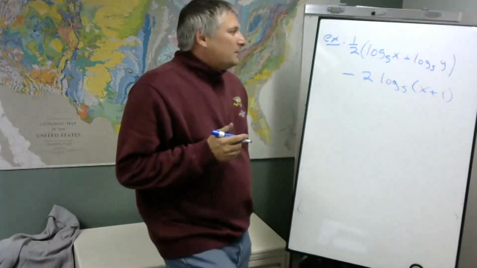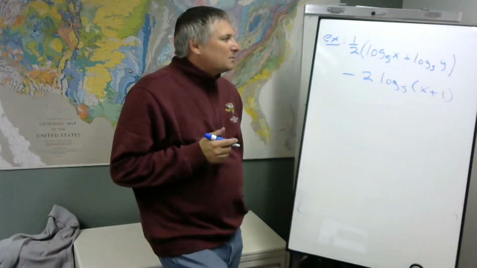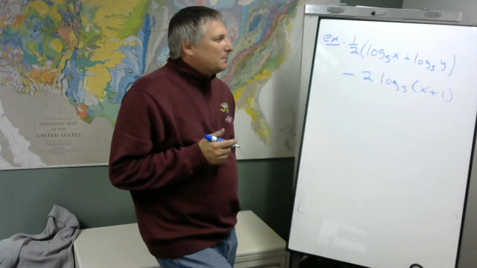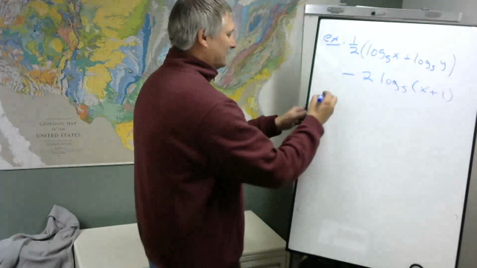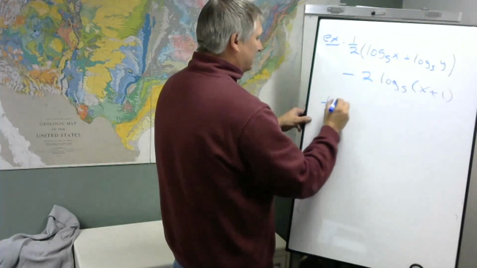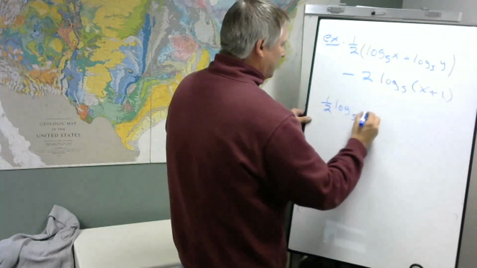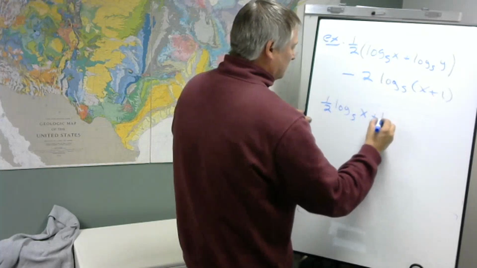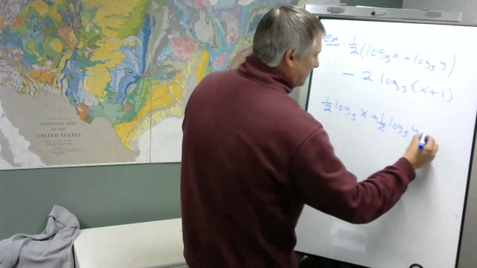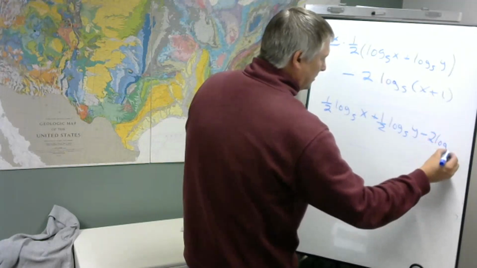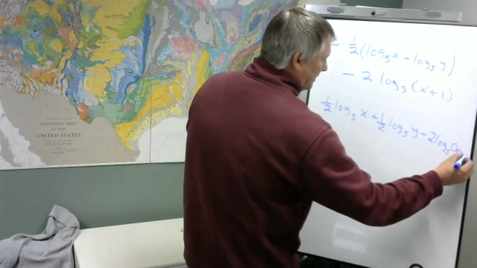Now, first thing we're going to want to do, and there's ways we could look at this, but probably the best thing to do is to distribute the 1/2. So we're going to get 1/2 log base 5 of x, 1/2 log base 5 of y, minus 2 log base 5 of x plus 1.